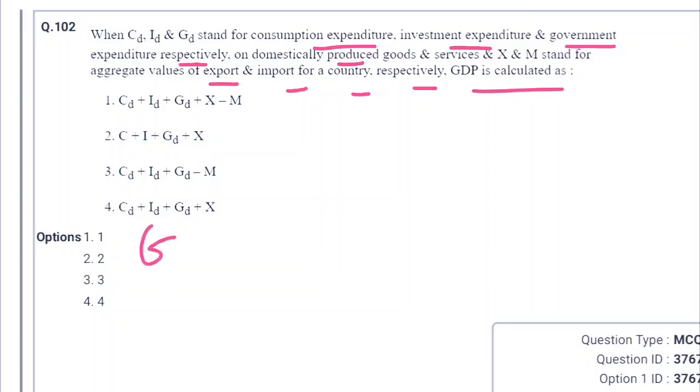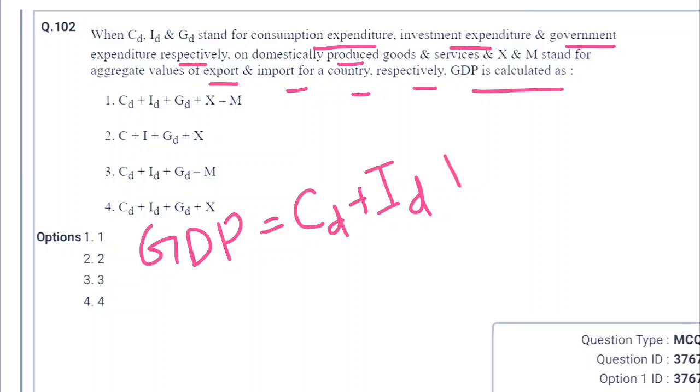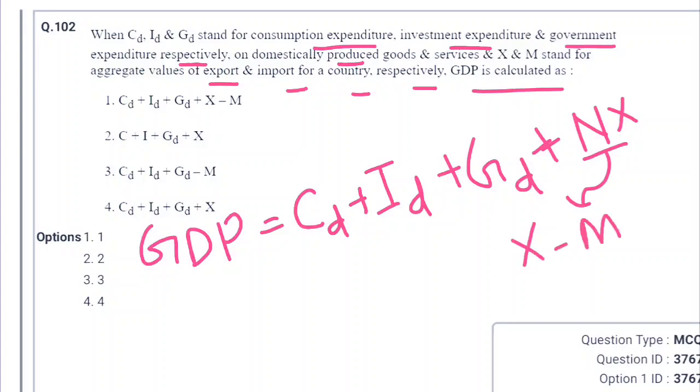So GDP equation is equal to the consumption expenditure plus investment expenditure plus government spending, that is government expenditure, plus net exports. What is net exports? That is NX. The value of NX is export minus import. So the correct option in this case should be option 1, that is this equation denotes our GDP equation.